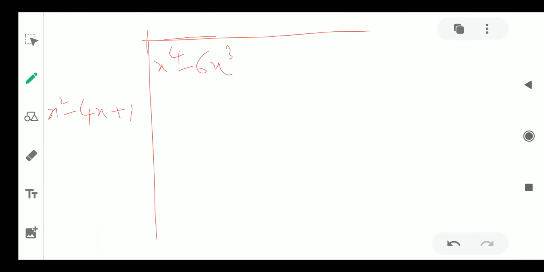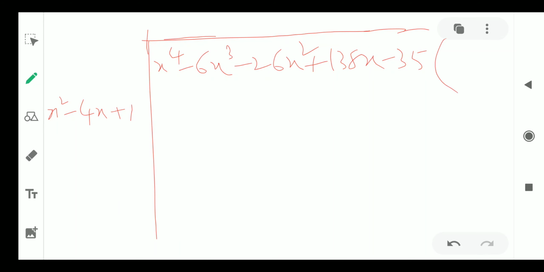So now x square minus 4x plus 1 divides x power 4 minus 6x cube minus 26x square plus 138x minus 35.